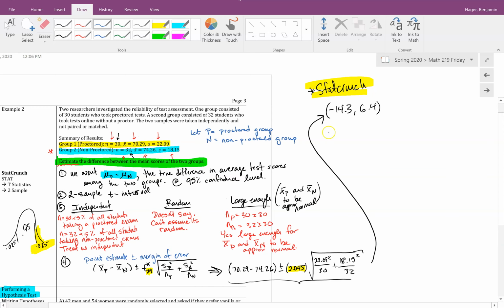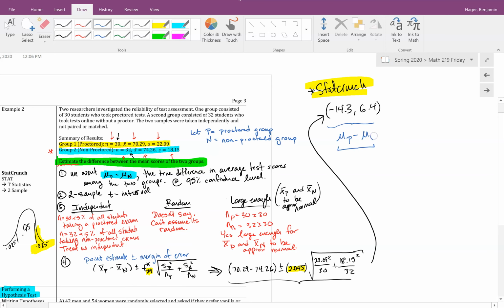So let's think about how we're going to interpret this, because remember, this is representing the true difference in average scores from proctored tests versus non-proctored tests. So this is kind of interesting. We got a negative score on my lower limit. So think about what would it take for this to be negative.